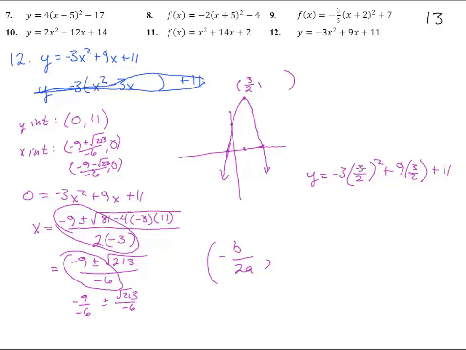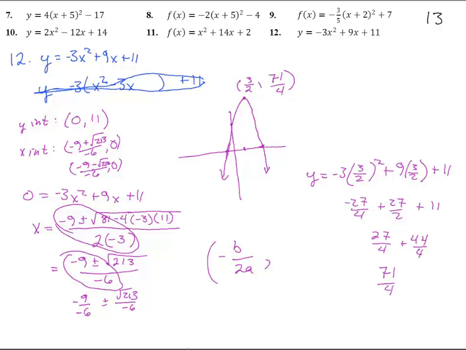So negative 3 times 9 fourths is negative 27 fourths, plus 27/2, plus 11. So negative 27 fourths plus 27/2 adds up to 27 fourths positive, plus 44 fourths, and so that ends up being 71 fourths. So right up here, 71 fourths, and that should be right around 17.75 if I'm not mistaken.